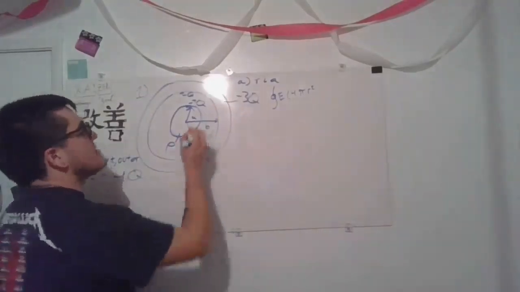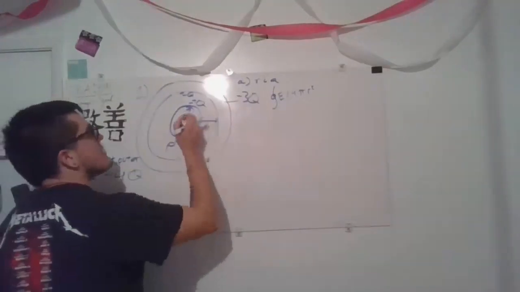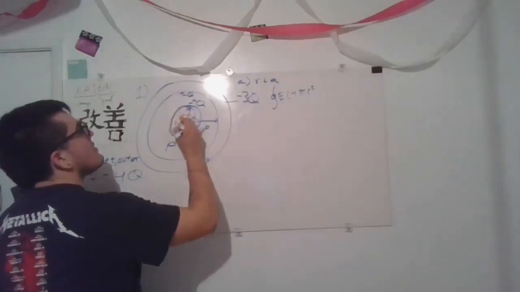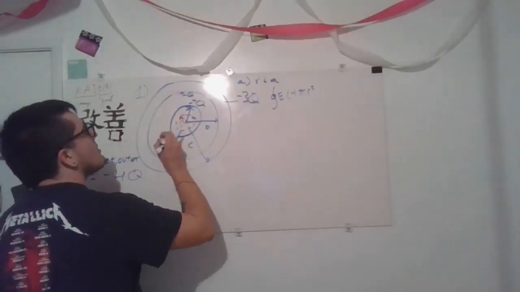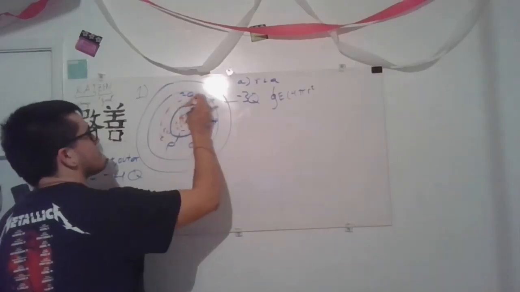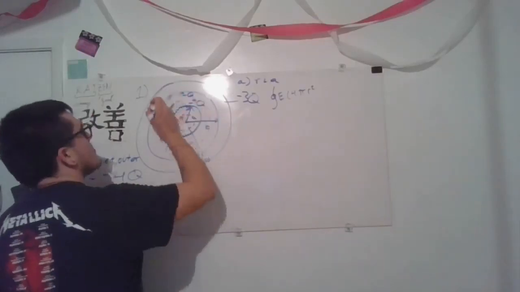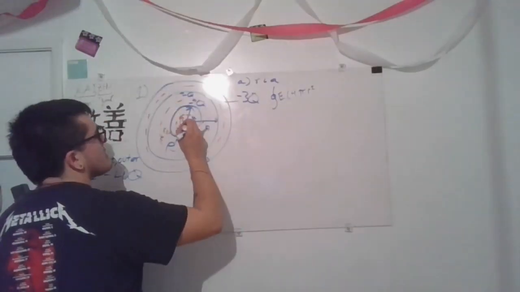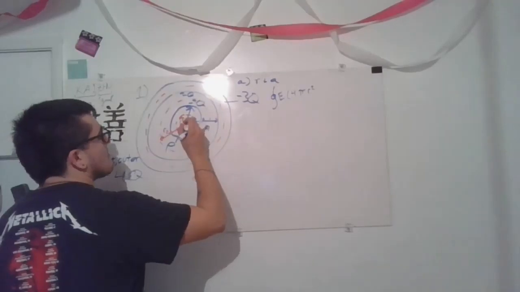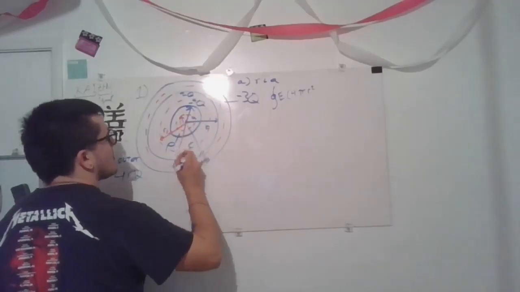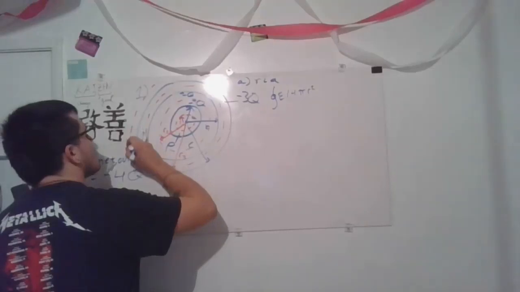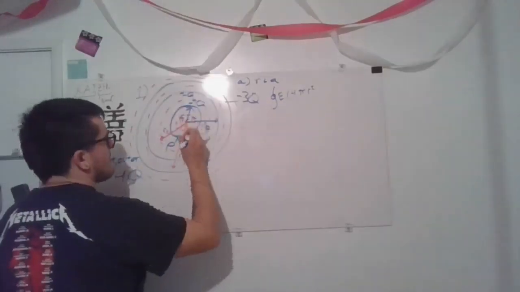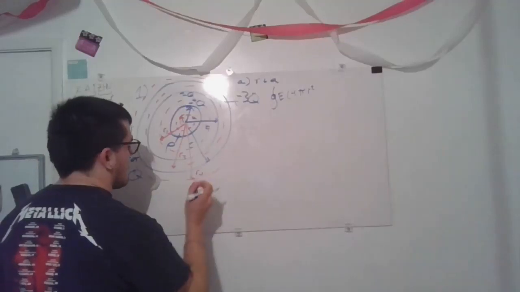Remember, when you're doing Gauss's law, to draw your Gaussian surface. This is R1, R2, R3, and finally R4.